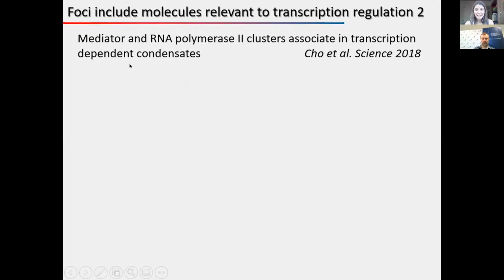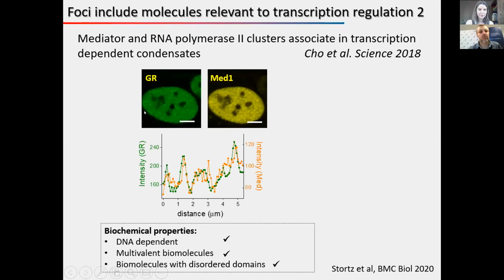We also analyzed if foci involve other molecules, particularly we studied mediator. Mediator is very interesting because it's a huge complex involved in transcription regulation. And in a previous paper, it was involved in the formation of foci of another transcription factor. Here you can see an example of a cell co-expressing GR and MED1, which is a subunit of the mediator complex.